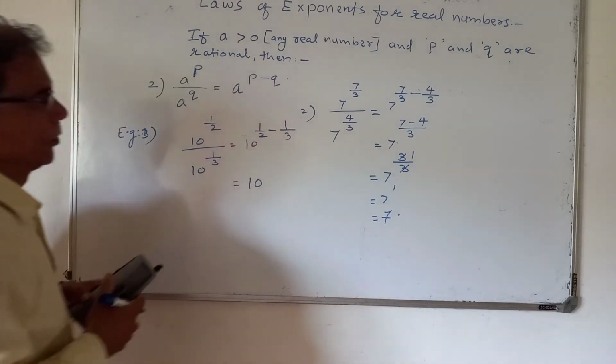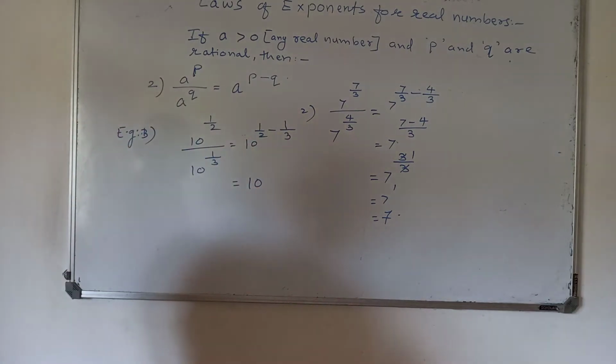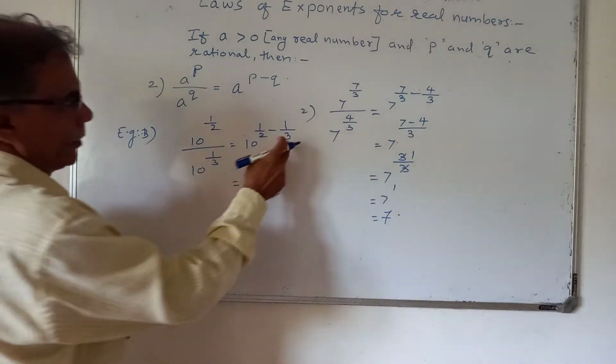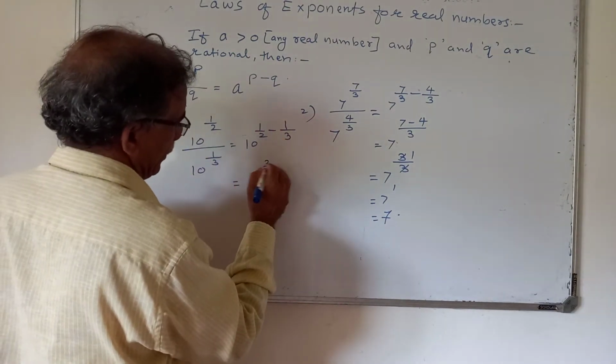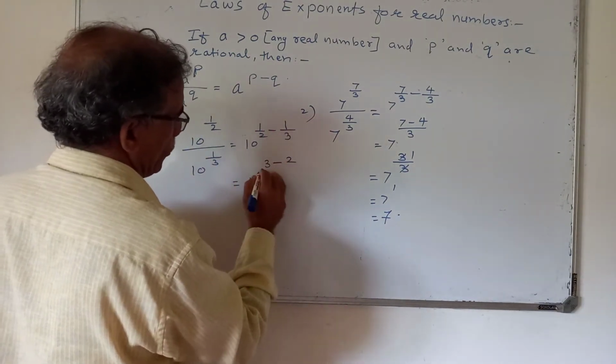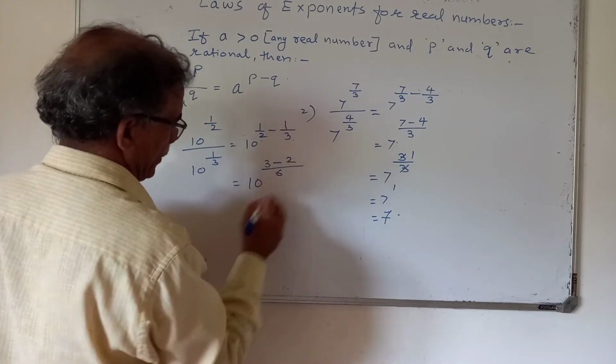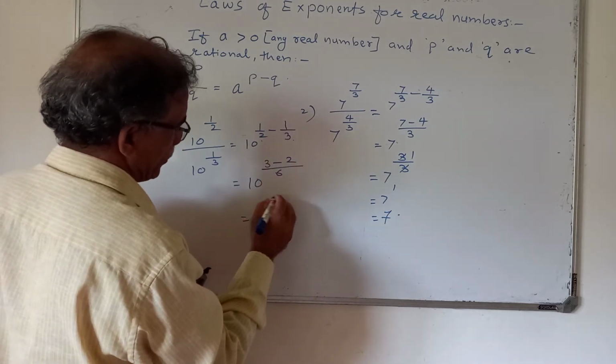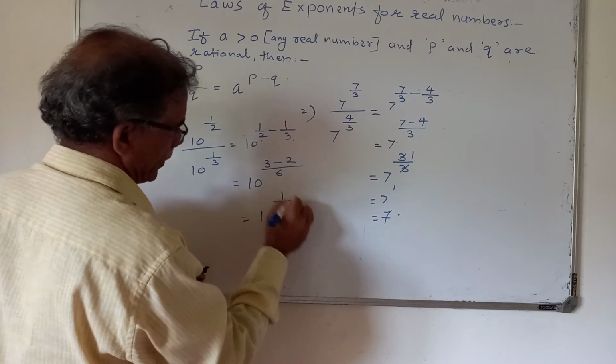Now different denominators, we have to make them common. So 3 1s are 3 minus 2 1s are 2, whole upon 2 3s are 6. So that is 10 raised to 1 upon 6.